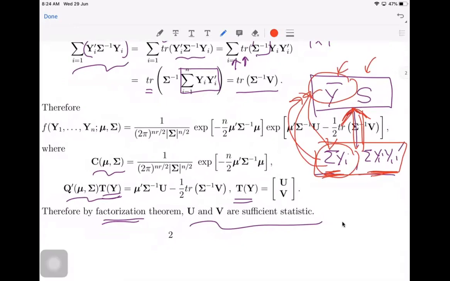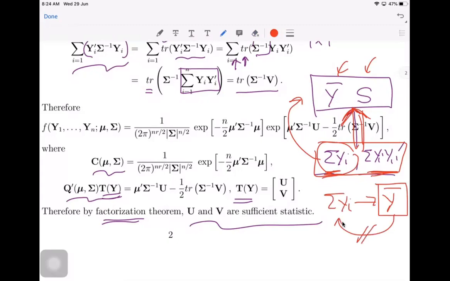Otherwise, if they are not invertible functions, then it does not follow that any function of this is sufficient. If the summation of y can go to Y bar, but given Y bar you cannot go back to the summation of yi, then you cannot say that Y bar is also a sufficient stat.